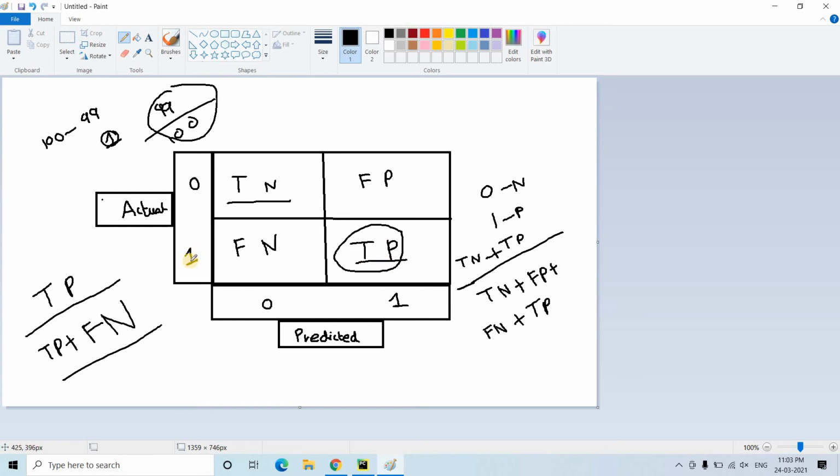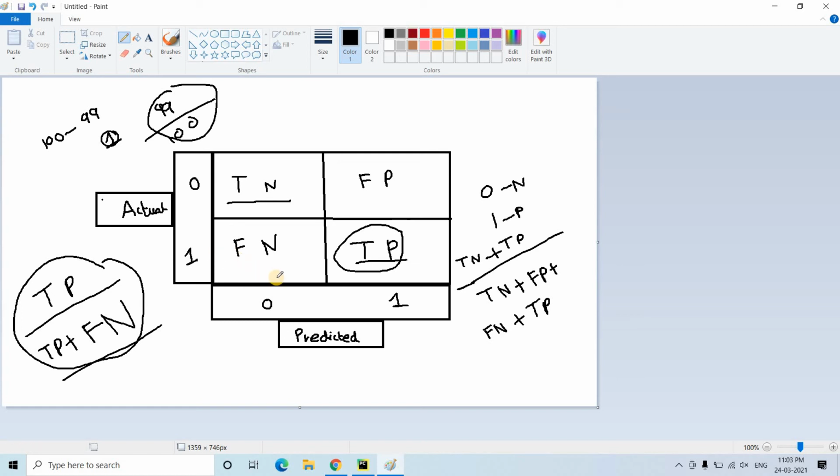That is, the person is suffering from cancer, and our prediction also says yes, the person is suffering from cancer. True positive is always in the numerator, the major priority we keep on the true positive part. Now try to understand, this particular formula is written such that it gives more importance to this FN part.